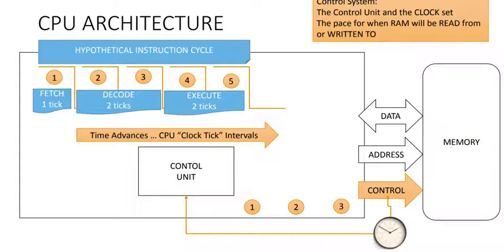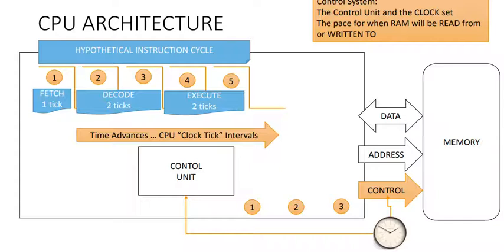But to keep it simple, remember it's a model, and so in this particular model, we're going to assume that we need one clock tick to do a fetch cycle. We need two clock ticks to do a decode cycle, and four CPU clock ticks to do the execute part of the instruction. So the entire instruction will run through in 5 CPU clock ticks.